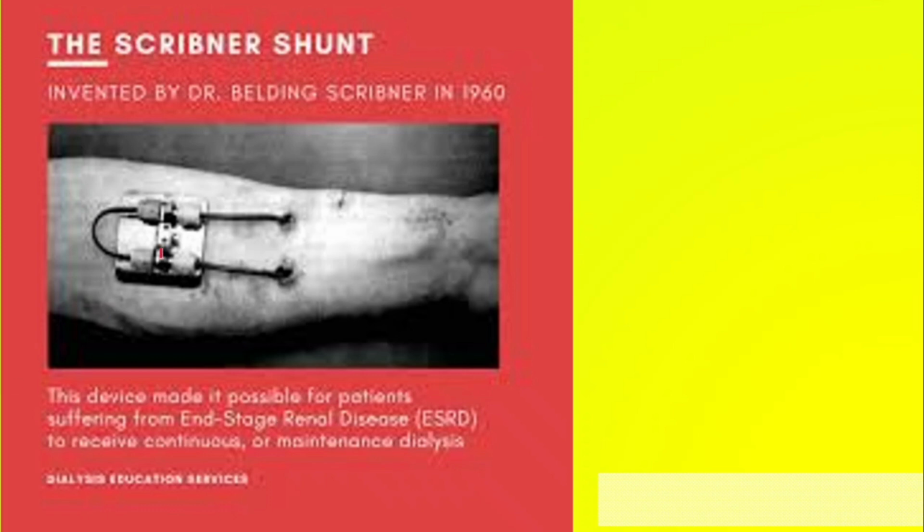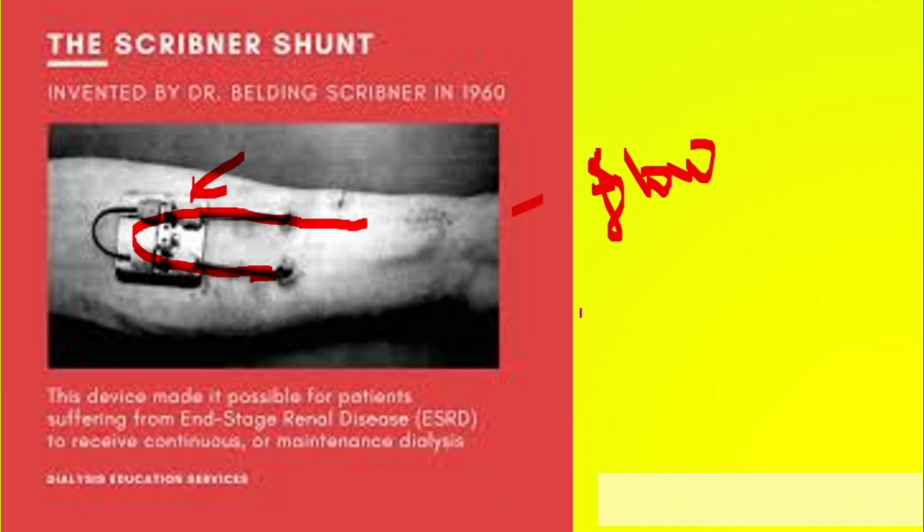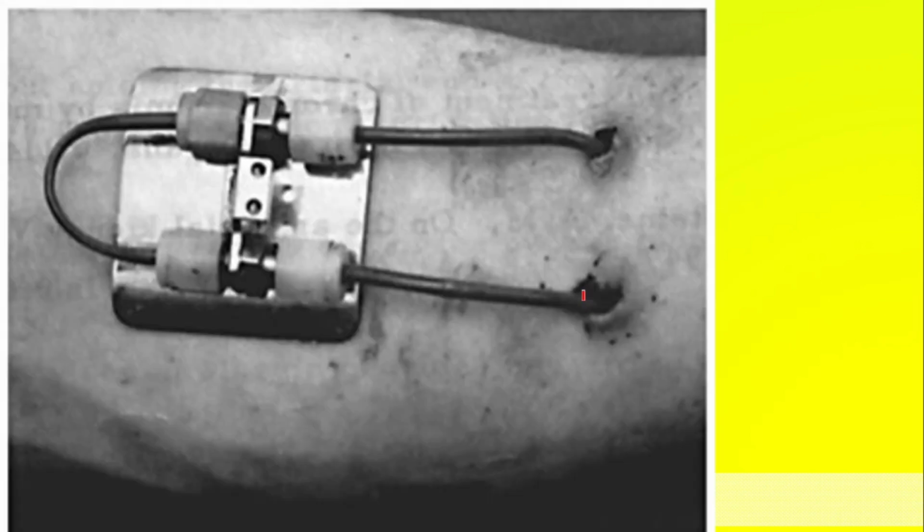Some kind of artificial tube is taken, connected from a particular artery to a vein where it goes into the circulation. So this delivers a high flow of blood to the artificial circuit and it can be kept in situ for a particular time. This is the Scribner shunt.